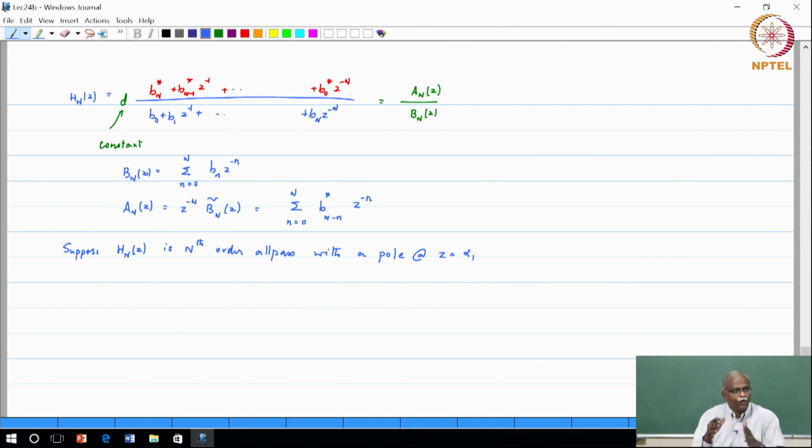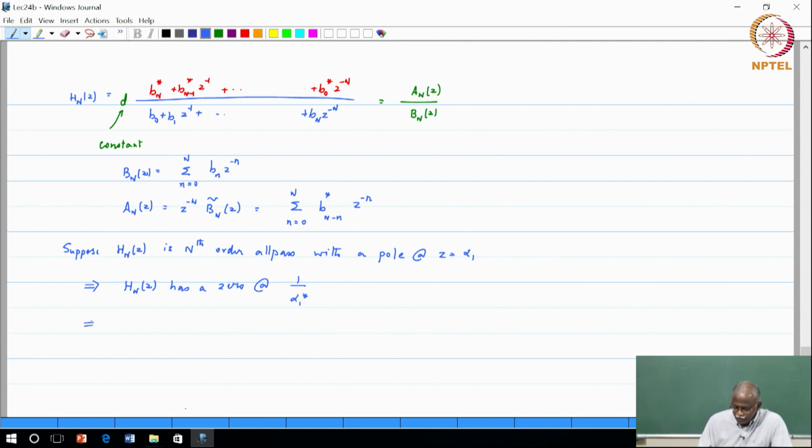Only then the all pass property will be satisfied. So this also means that Hn of z has a 0 at 1 over alpha 1 star. It has to have, that is the structure of the all pass.